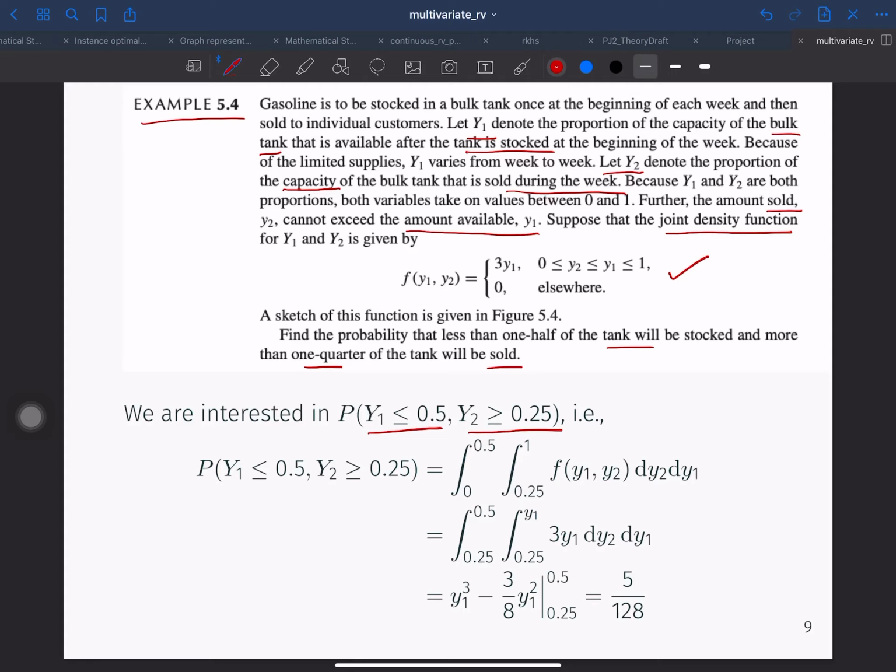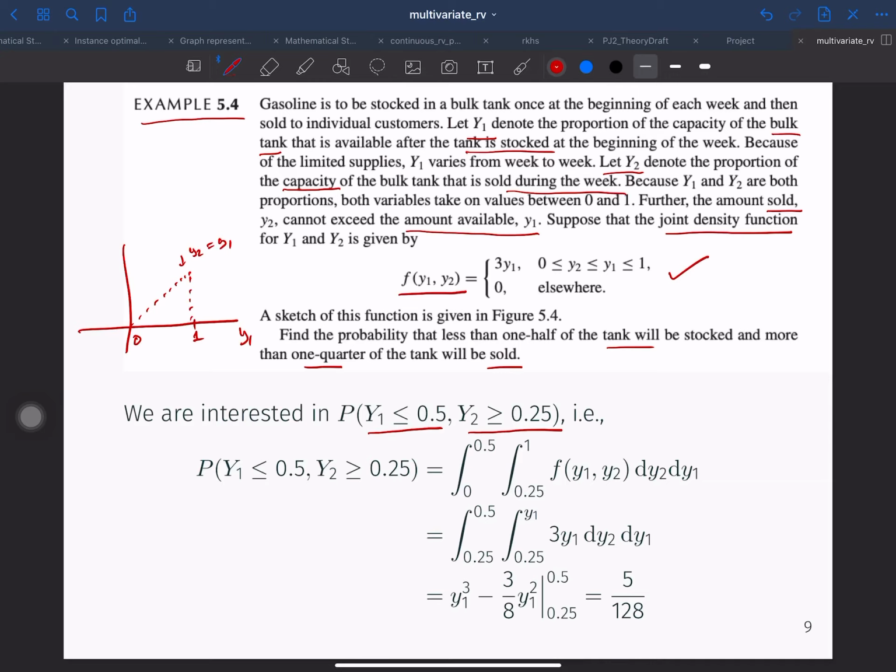The only thing that is interesting about this problem, a contrived problem nevertheless, is that you want to integrate over the region, but the PDF here is only defined inside this triangle. So suppose the triangle is Y1 from 0 to 1, and this is the line Y2 equal to Y1.